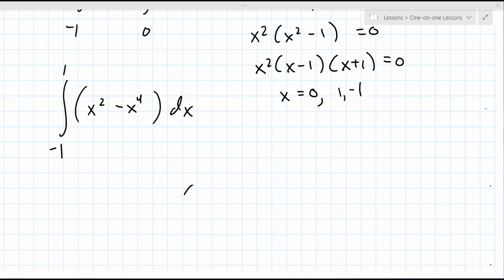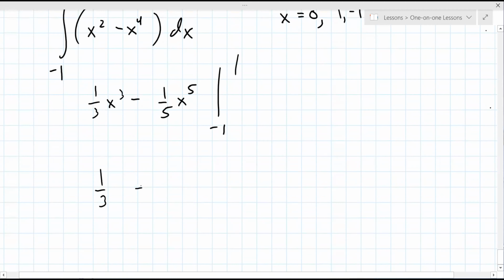I got 0.26. Can you turn that into a fraction? Yeah, because it should be 1/3 x cubed minus 1/5 x to the fifth, evaluated from -1 to 1. So it ends up being 1/3 minus 1/5. I got 4/15.